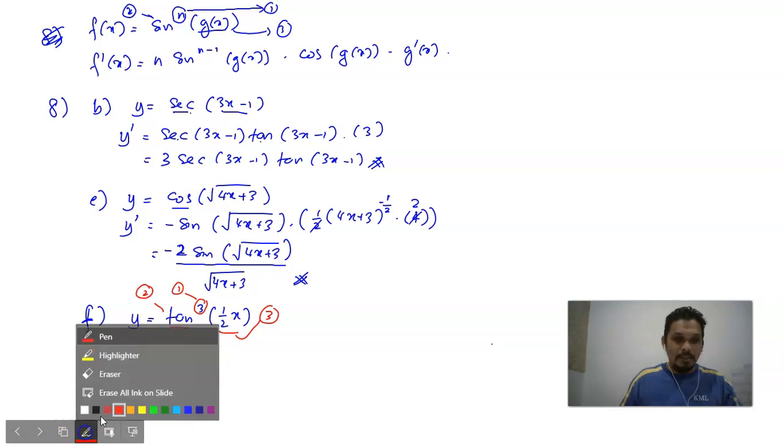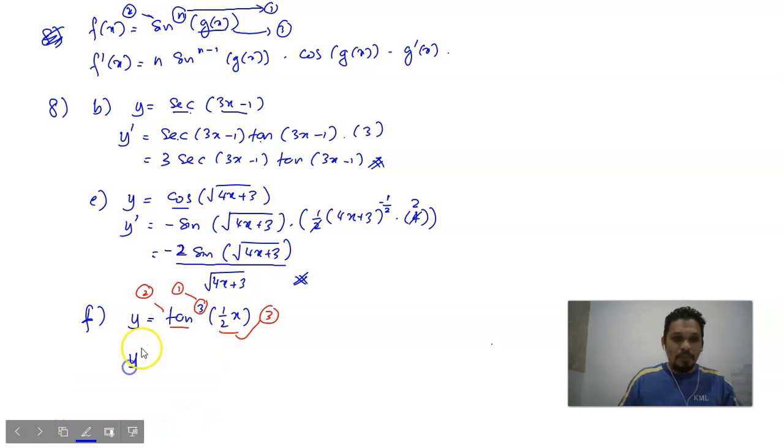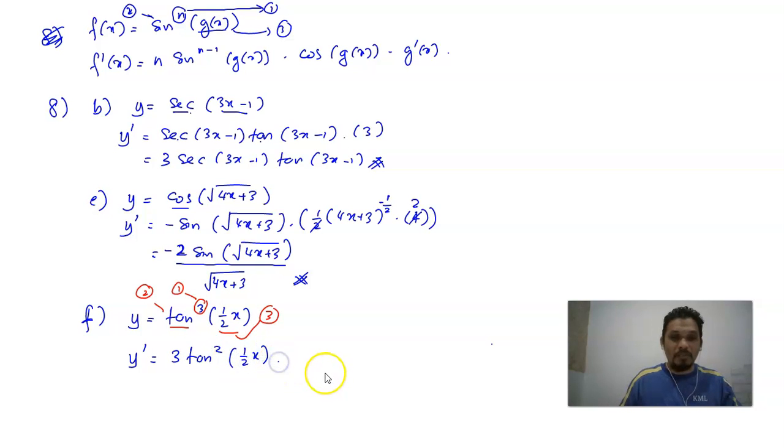So y' or dy/dx means that we differentiate this, 3 tangent squared of 1 over 2x, multiplied with the derivative of tangent, secant squared of 1 over 2x, multiplied with the derivative of 1 over 2x, which is half.